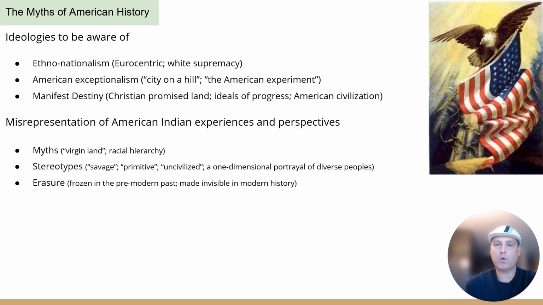We want to be aware of ideologies such as ethno-nationalism, which is a Eurocentric view of history, kind of like the ones I described. This also includes the ideology of white supremacy. American history also has something in it called American exceptionalism. And so this is the old city on a hill narrative that you may have heard of in grade school.